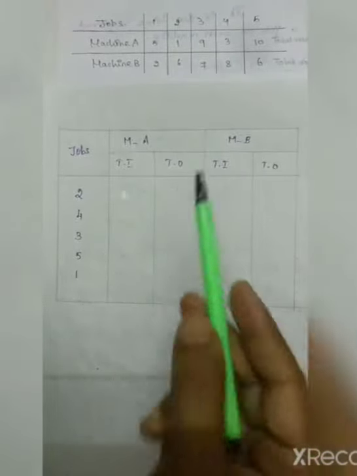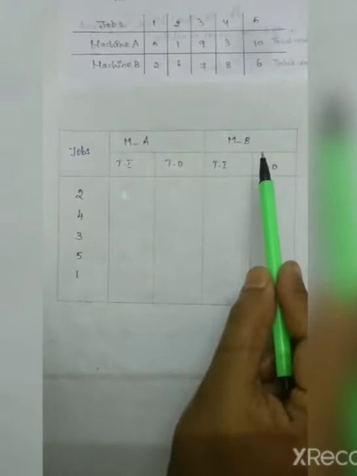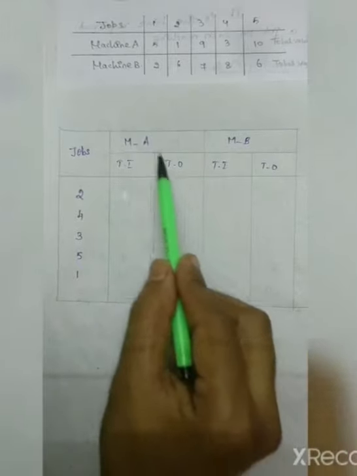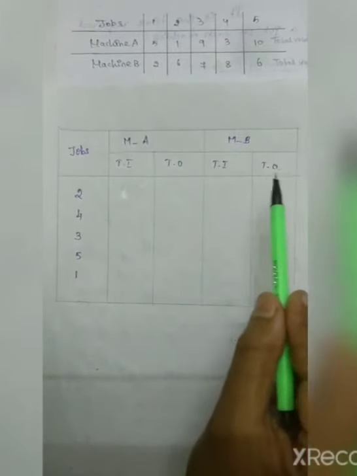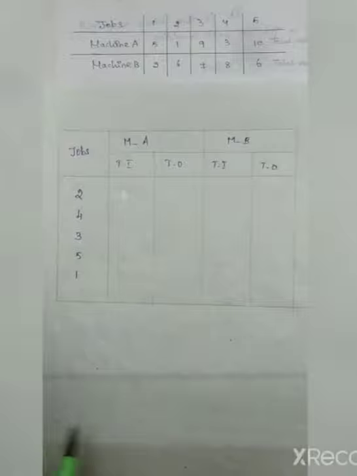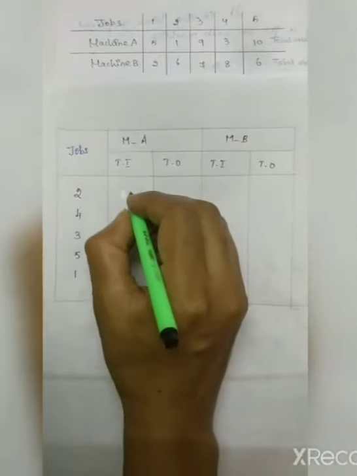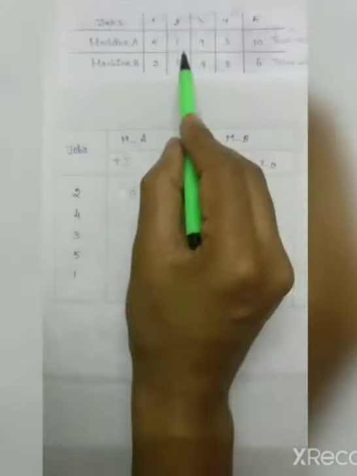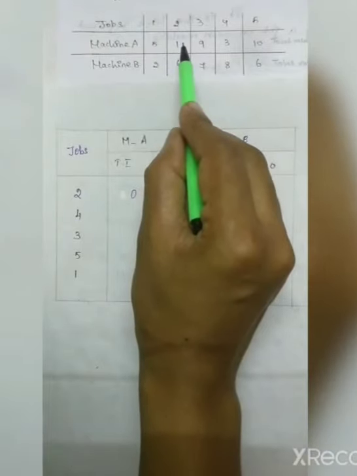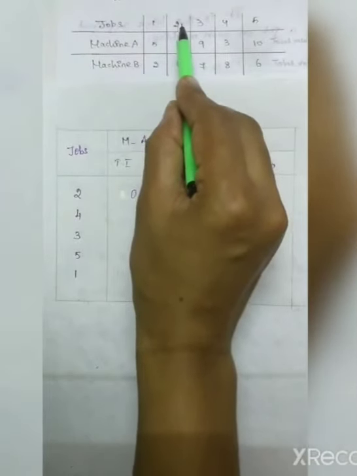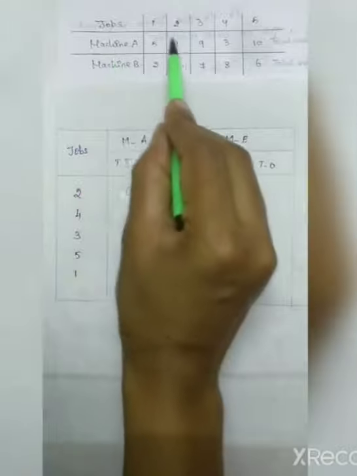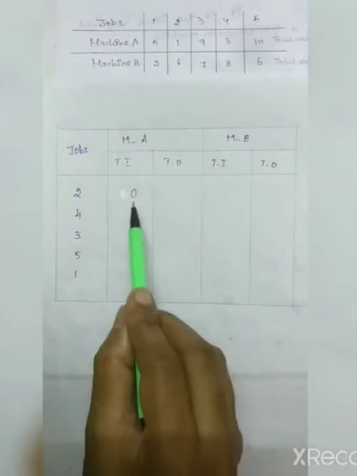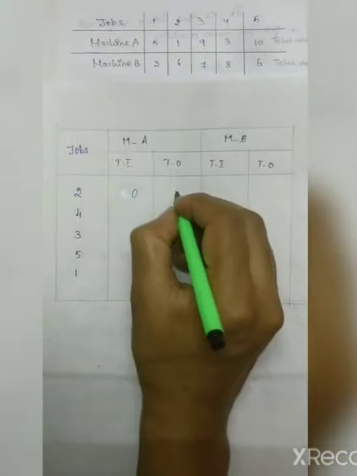Next are machine A and machine B. This is time in and time out for machine A, and this is time in and time out for machine B. Always the first time in is 0, so you just put 0. Time out for machine A for the second job: the processing time for machine A is 1, so 0 plus 1 is 1.